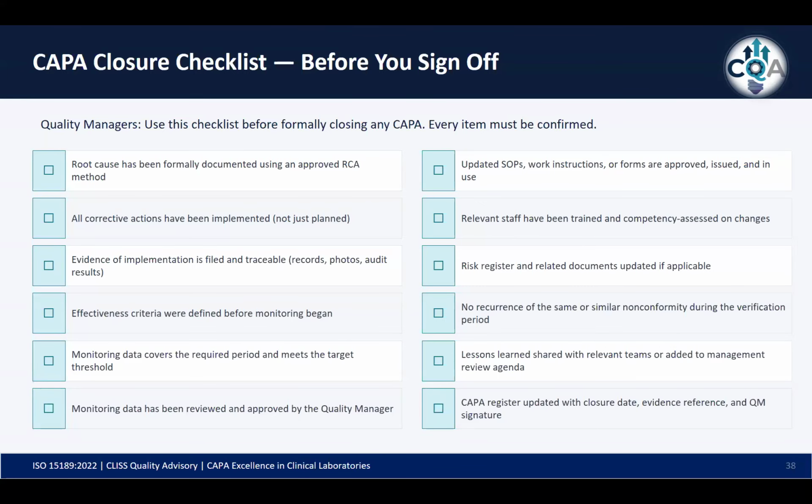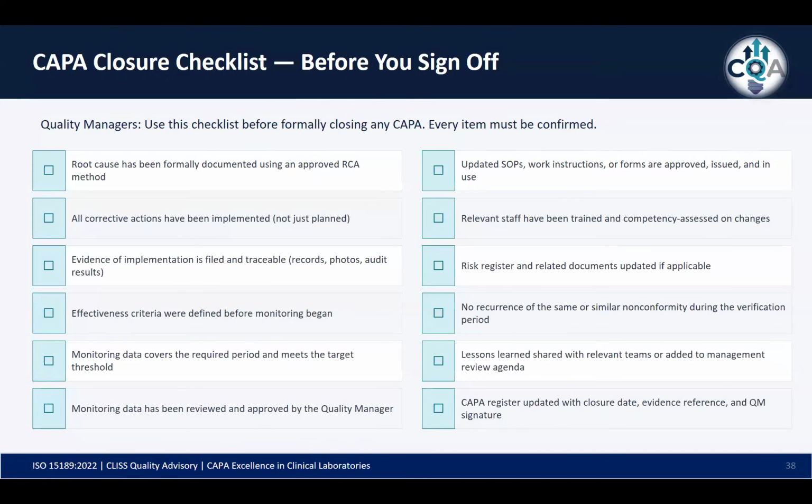When you are closing it off, you need to check that you've accumulated enough data to justify why you are closing that non-conformity. Monitoring data has been reviewed and approved by the quality manager, and then updated SOP if there's a need.